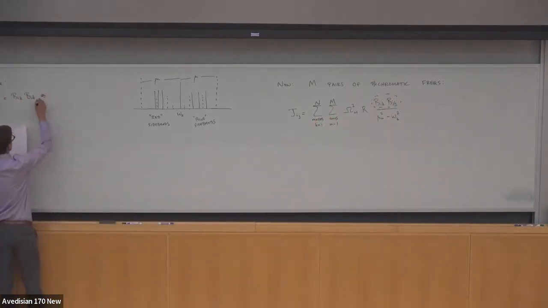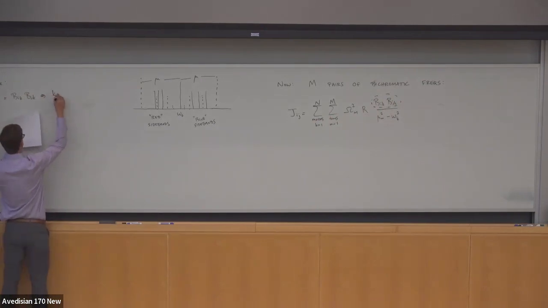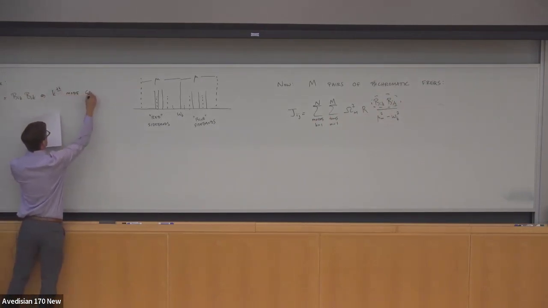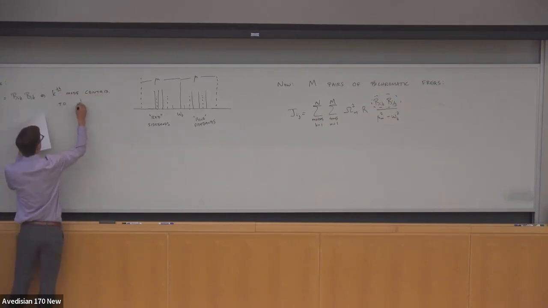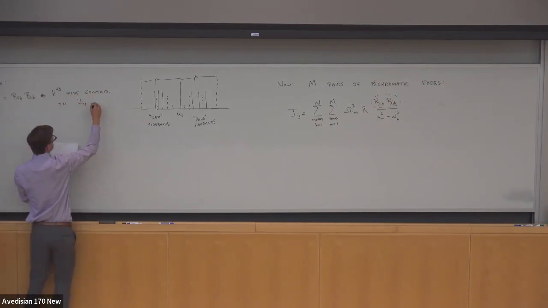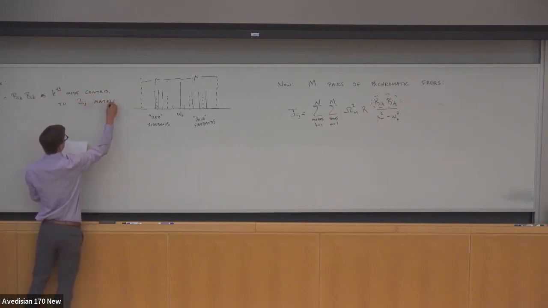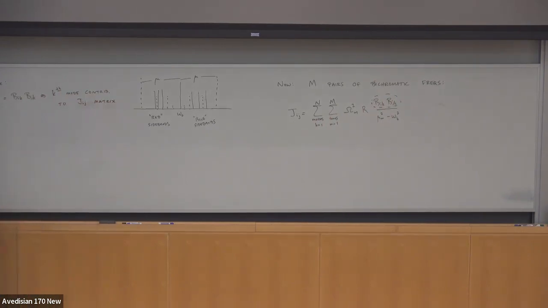And really what I'm looking to do in spirit here, this is the kth mode contribution to the overall Jij matrix. Okay, so this is just a property of the normal modes.